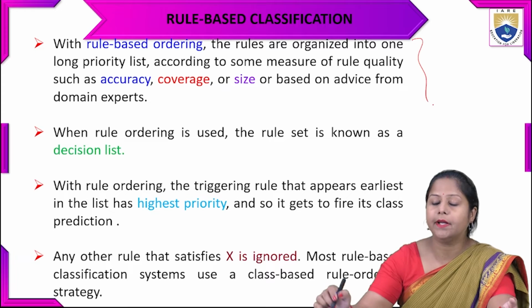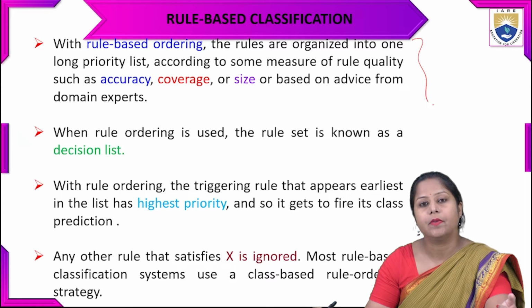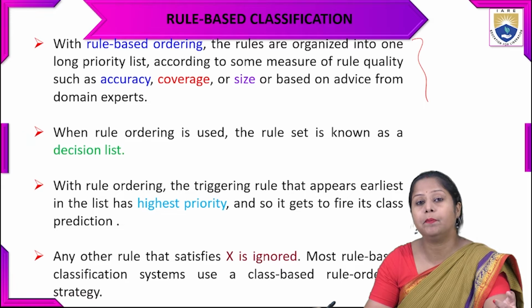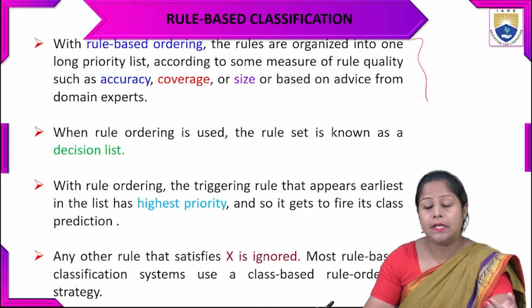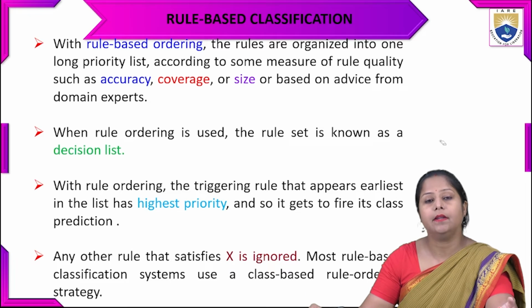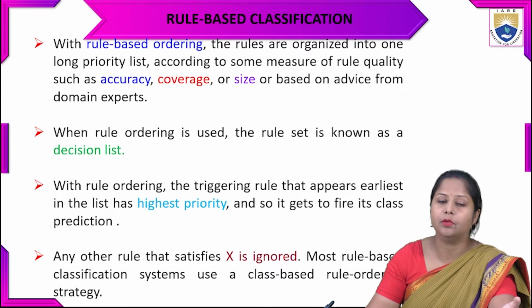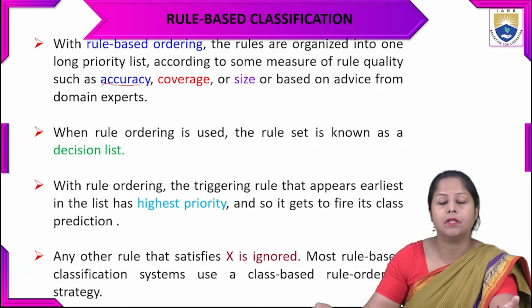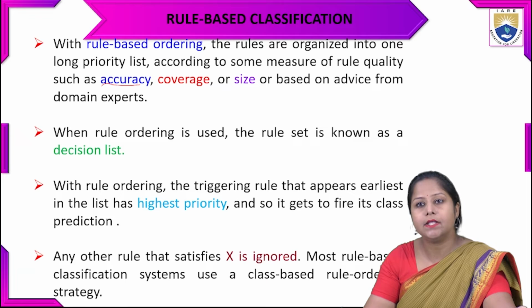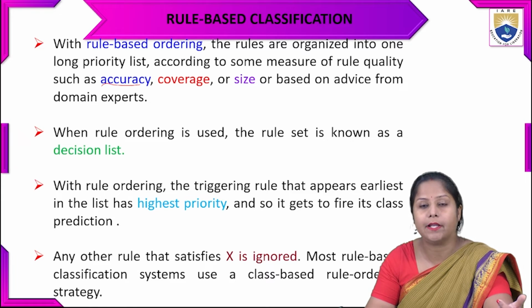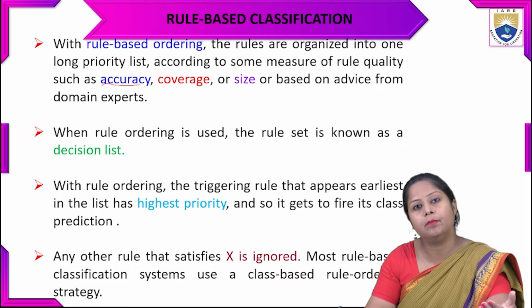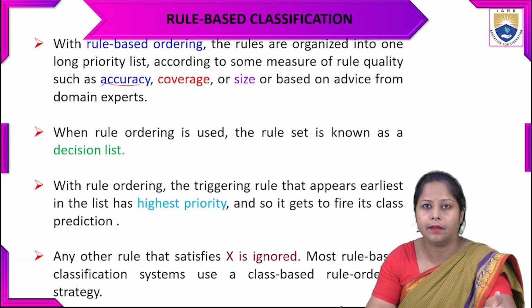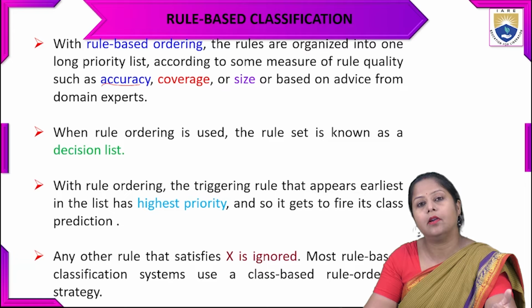The rules are organized into one long priority list, prioritized according to some measure of rule quality, such as accuracy, coverage, size, or based on advice from a domain expert.